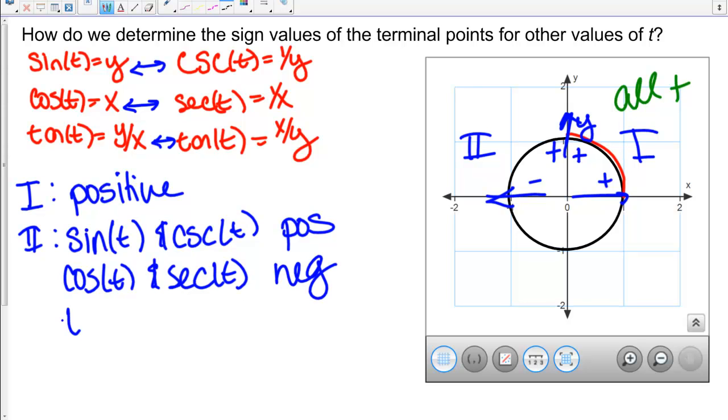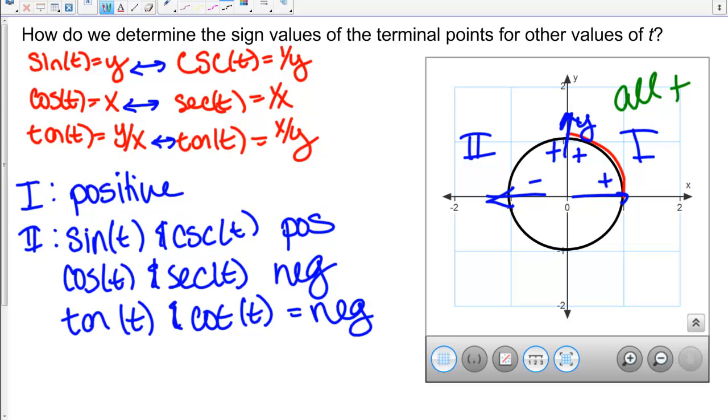And then for tangent, we have a positive divided by a negative, which is negative. And for cotangent, we have a negative divided by a positive, which is negative. So over in the second quadrant, only sine and cosecant are positive.